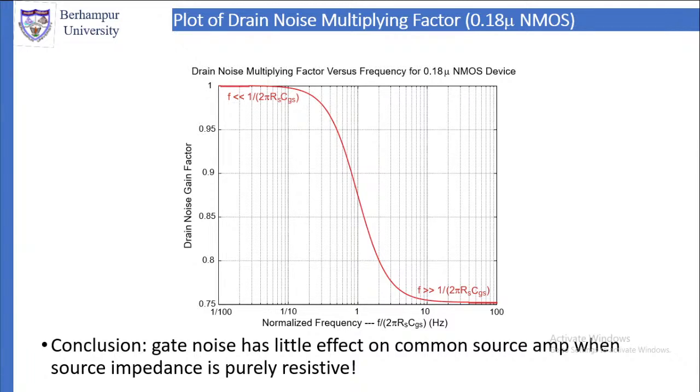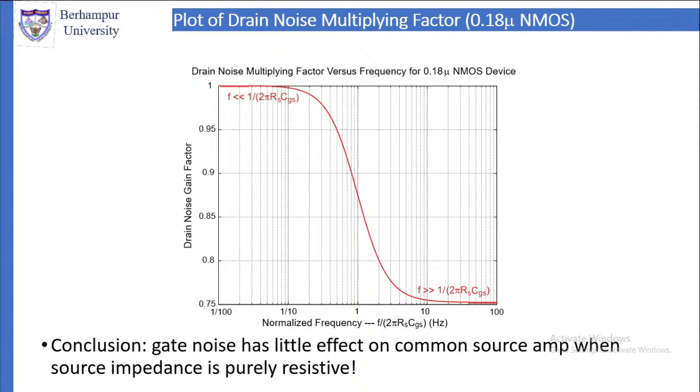When the normalized frequency is below 1/10, it remains almost 1, which means frequency f or omega is much less than 1/(Rs into CGS). When it is above 10, so omega is greater than 1/(Rs into CGS), drain noise factor comes down to 0.75, and in between them it follows an inverted S path.